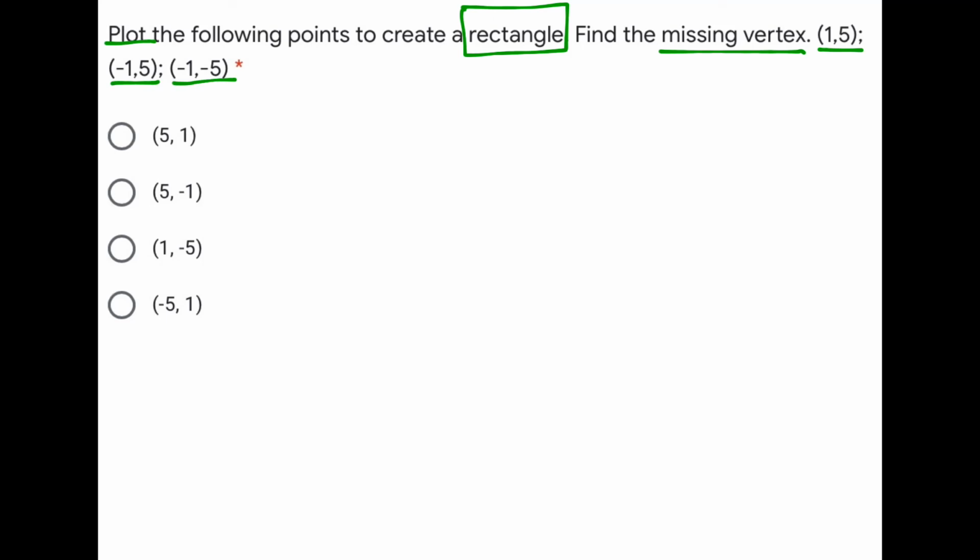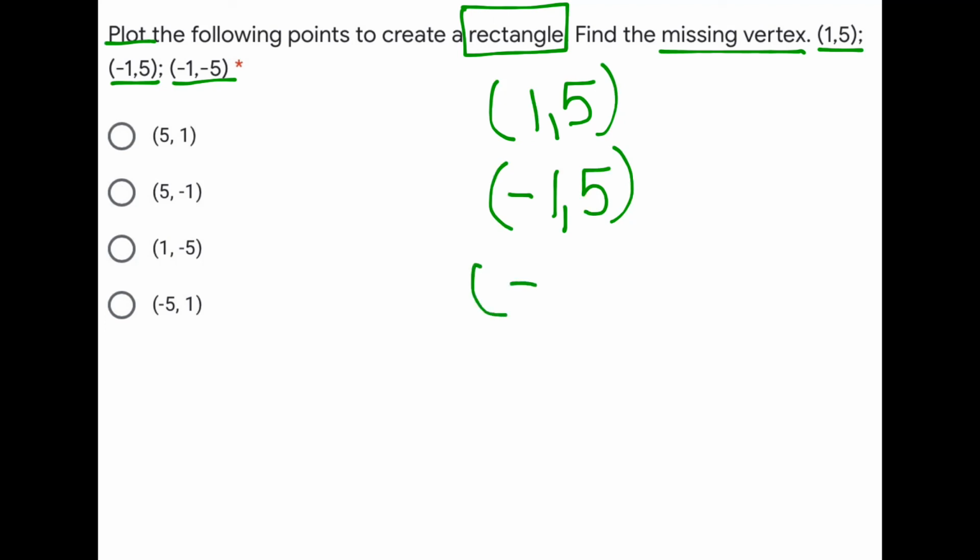So what point do you think is missing? If we're looking at this, we have a 1 and a 5. We have a -1 and a 5. We have a -1 and a -5. What point are we missing?